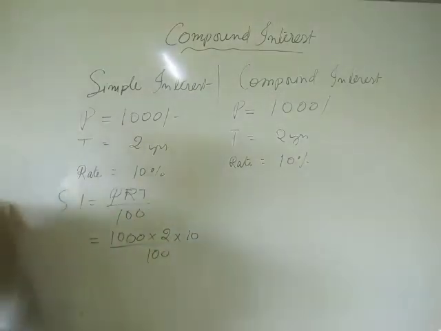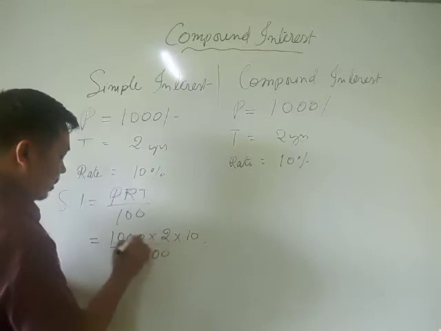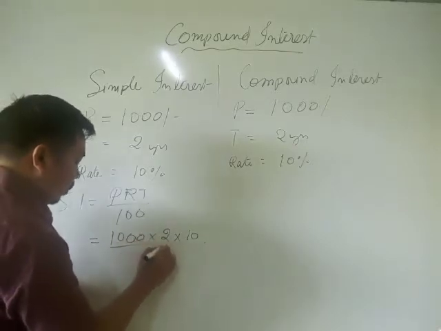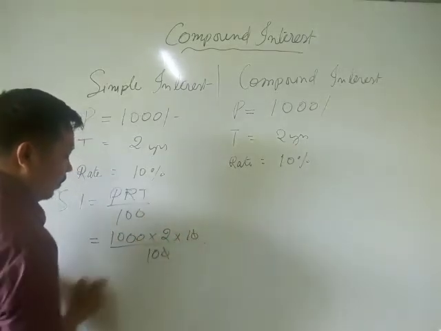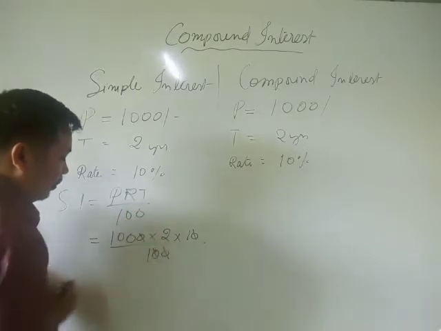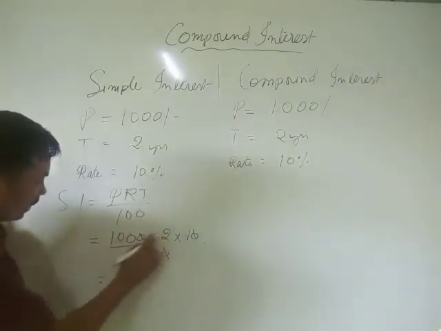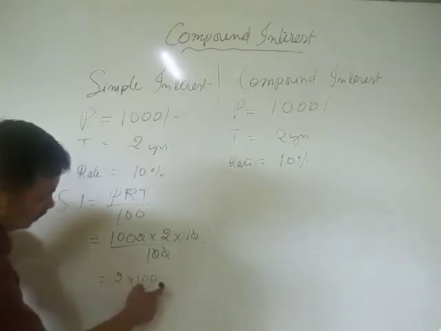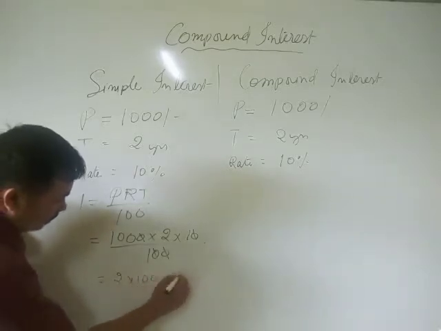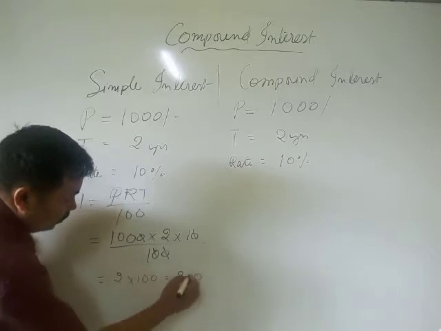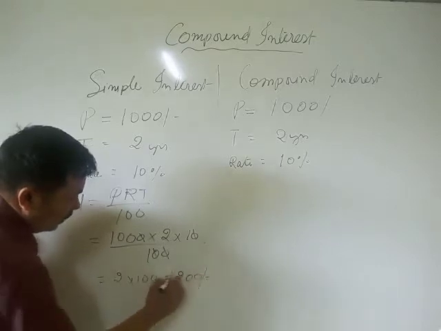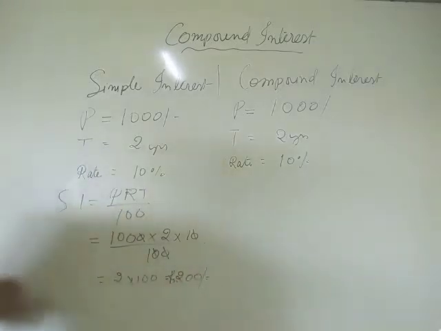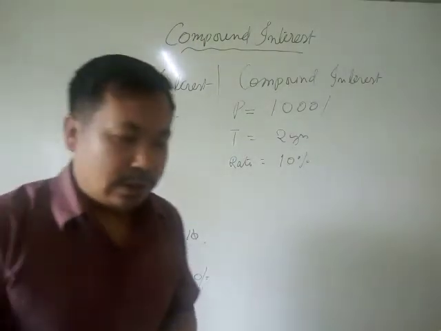So here you can cancel 1 0 from here, 1 0 from here. Now you are going to multiply 2 into 100, okay, understand? That means 200. So rupees 200 is the simple interest.